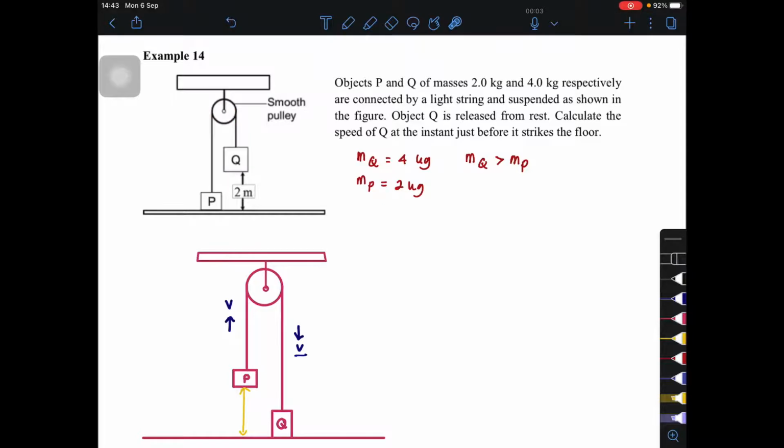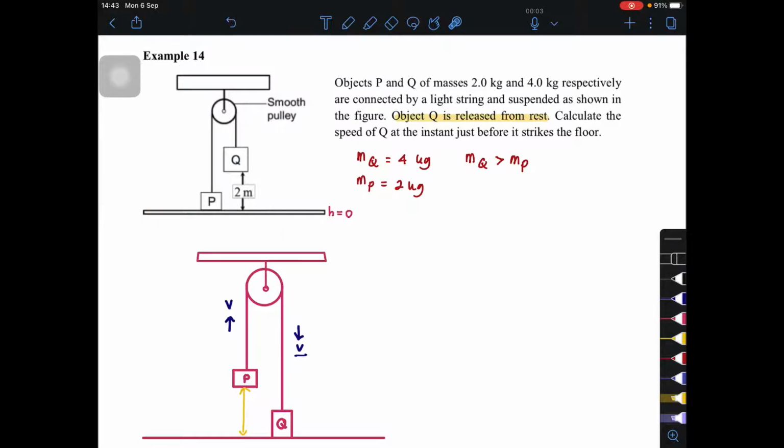Okay, so now the question says here, object Q is released from rest. Okay, so initially this is the position of them. Q initially is 2 meters above this position. So we define the position here as H equals zero. So it is 2 meters above H equals zero.